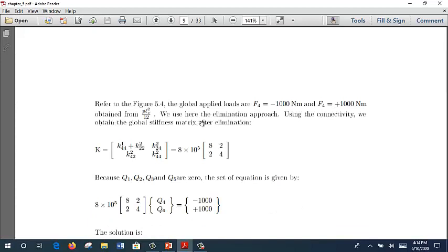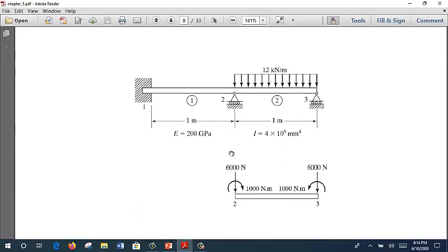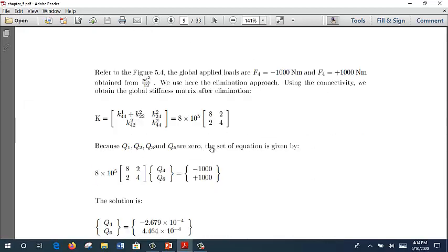Okay, here we use the elimination approach. Using the connectivity, we obtain the global stiffness matrix after elimination from here. Why is it only 2 by 2? Because we only consider getting Q4 and Q6, right?